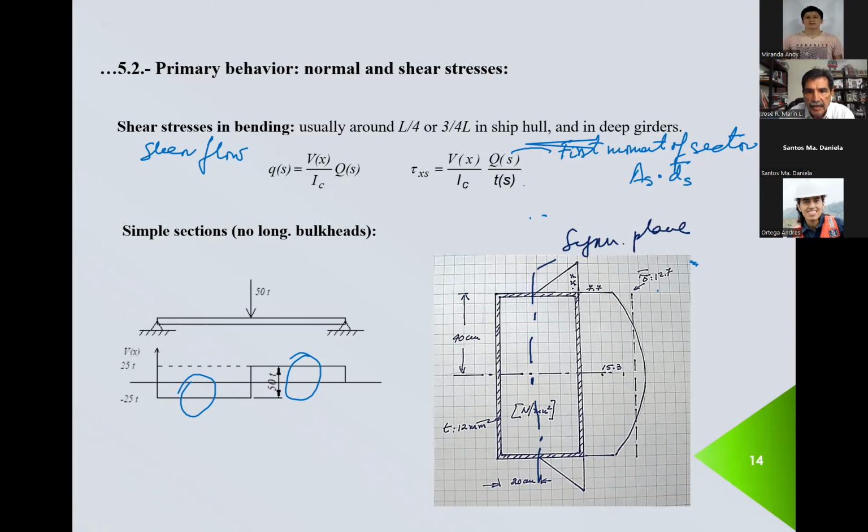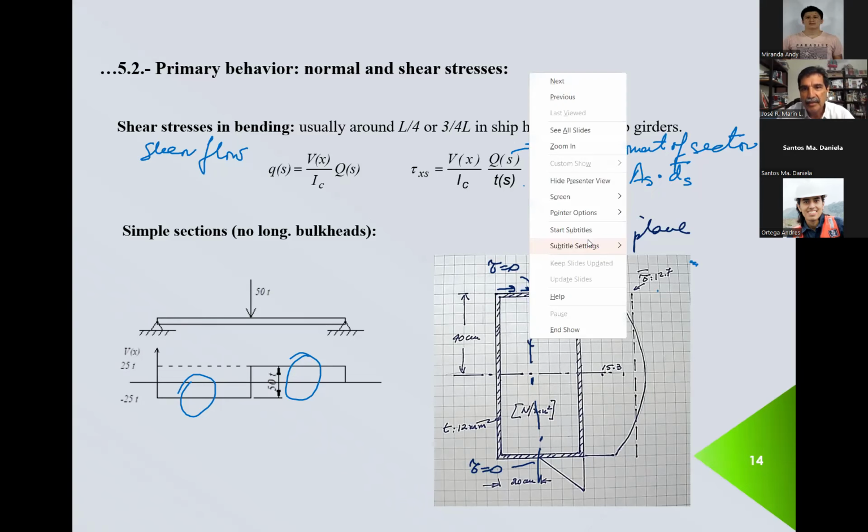We need these stresses to cancel, right? Because there is no shear force in this direction. So that means that in here, tau has to be 0. Similarly as here, tau has to be 0. Now, we can apply this formulation, the area and the position of the centroid, along the flange or the deck, if you want.